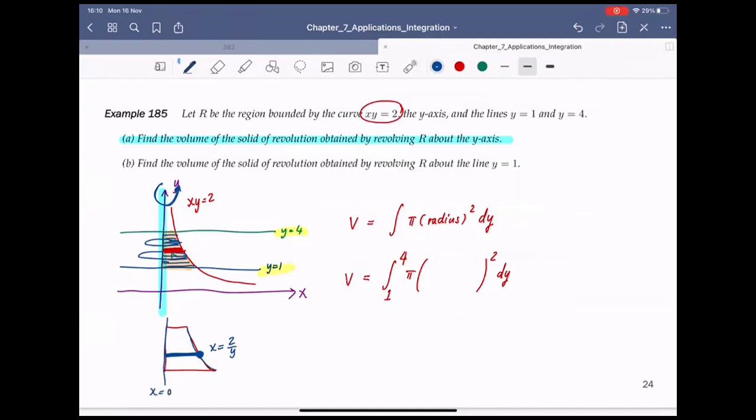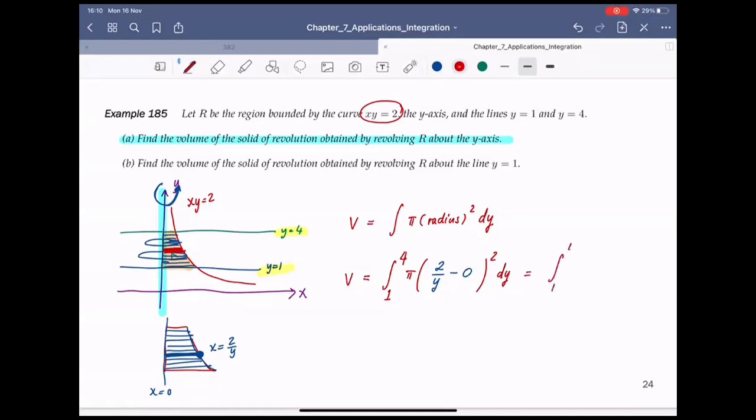So my radius is going to be 2 over y minus 0. Sounds good? Because every time I draw the horizontal line, the left-hand side is x equal to 0 and the right-hand side is 2 over y. So I get the radius 2 over y minus 0. Now it's easy, so I can just keep going and compute the volume.